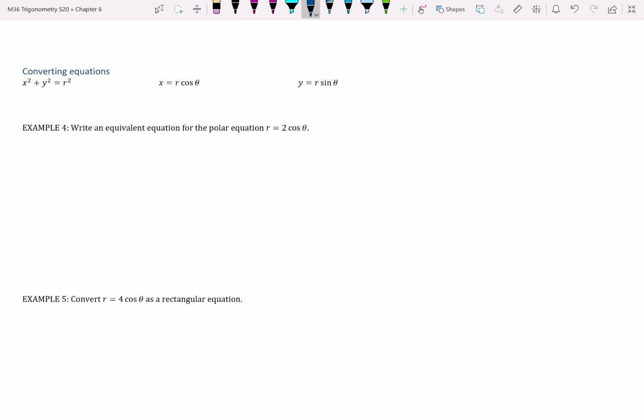Let me write that down just to give you guys that little hint here. It's also asking you to write the equation in rectangular form. You can write it in terms of x and y, or just x's, or just y's.